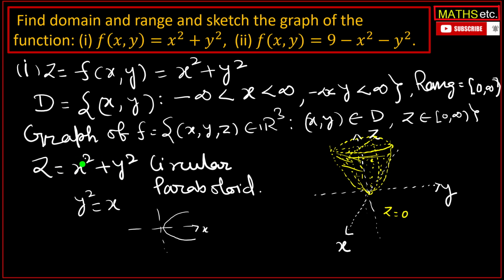Had it been x squared by 4 plus y squared by 6, this shape would have been an ellipse, right? So this is the sketch of this circular paraboloid z equals x squared plus y squared, and in multivariable calculus we'll be frequently using this surface.